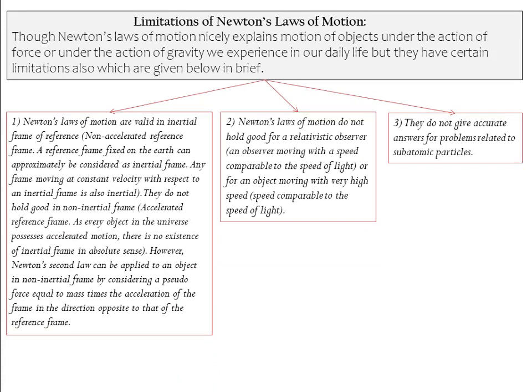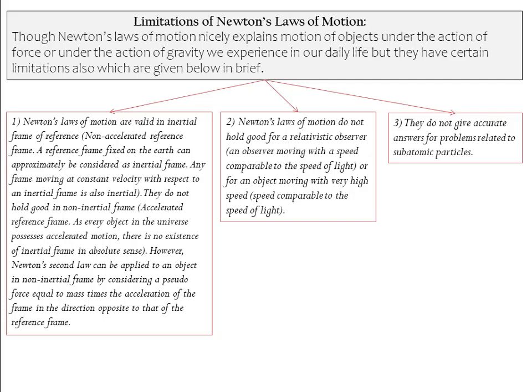Now, though Newton's laws nicely explain motion of objects, as we observe in our everyday life, they have certain limitations also. Number one, they are valid in inertial reference frames only, but not in non-inertial or accelerated reference frames. However, the second law can be applied to an object in a non-inertial frame by considering a pseudo force.